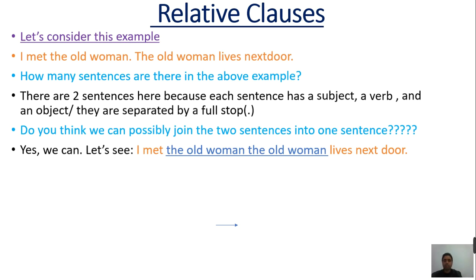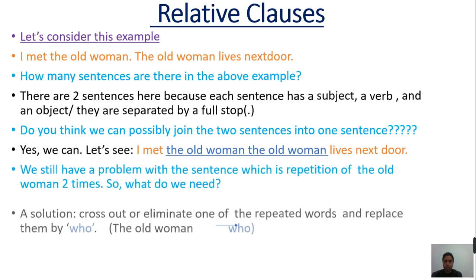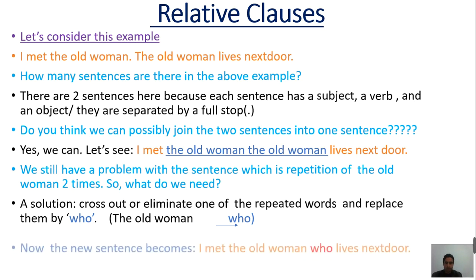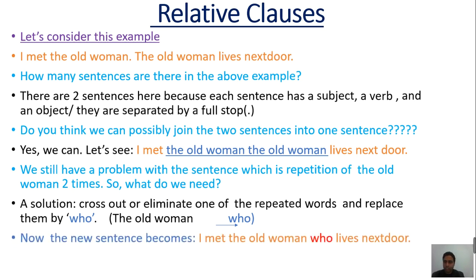The solution should be to cross out one of the repeated words here, and to replace them with another word, which is the word who. So after doing so, we get the new sentence here.